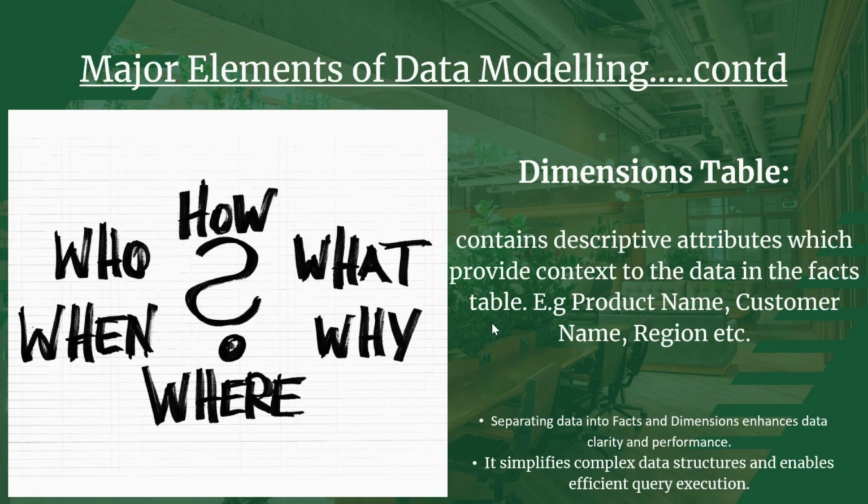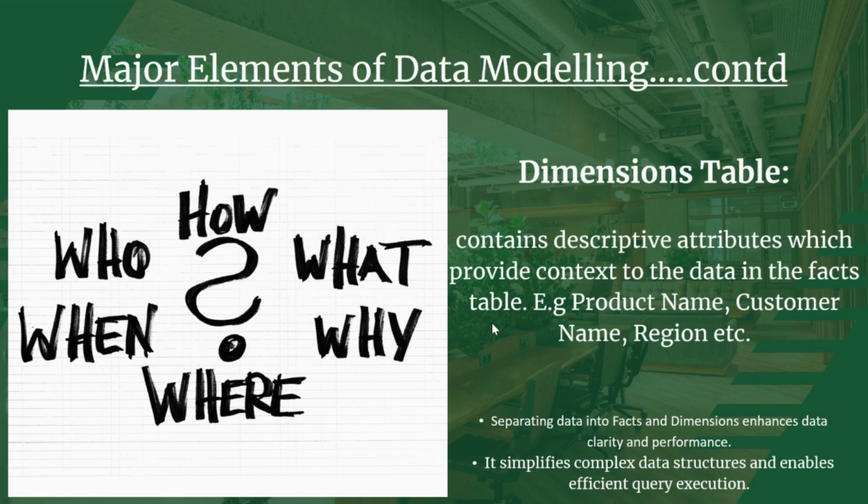Now, dimensions table. These are the tables that contain descriptive attributes which provide context to the data in the facts table. They help us answer questions such as what, when, where, and who, meaning they basically help us filter the data in our facts table.